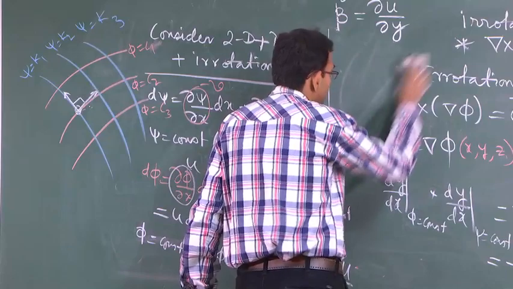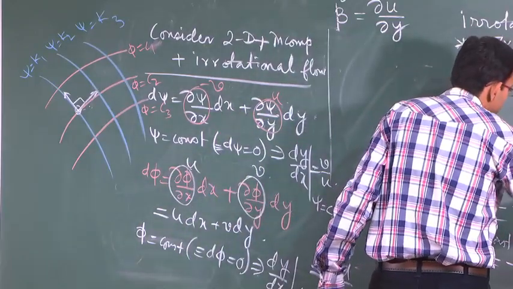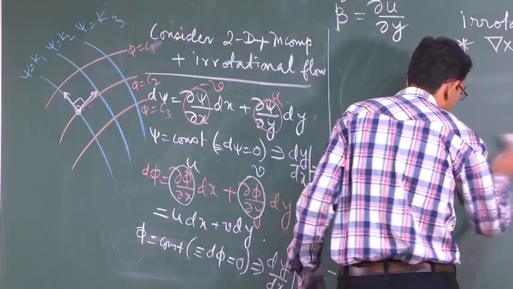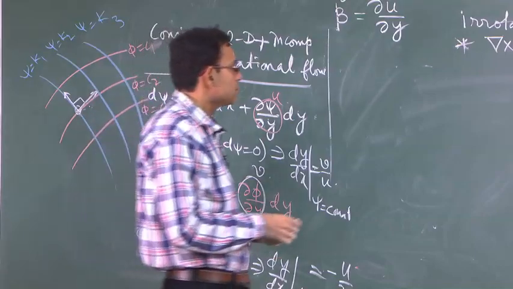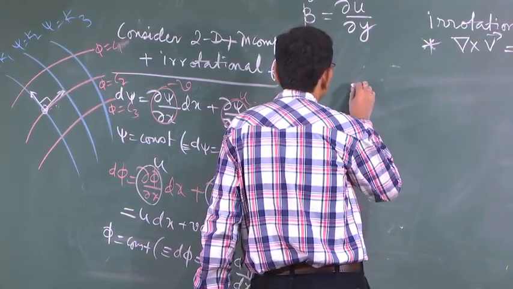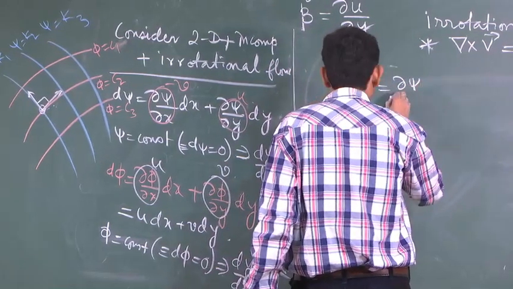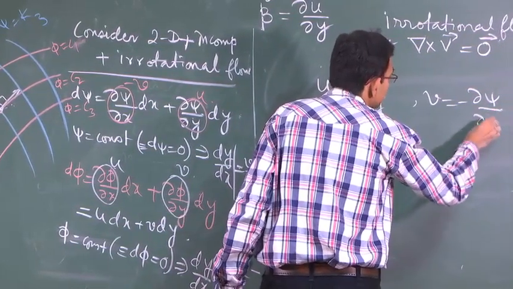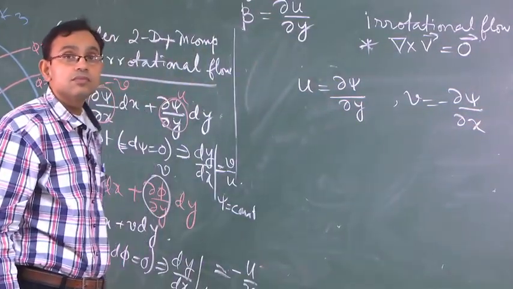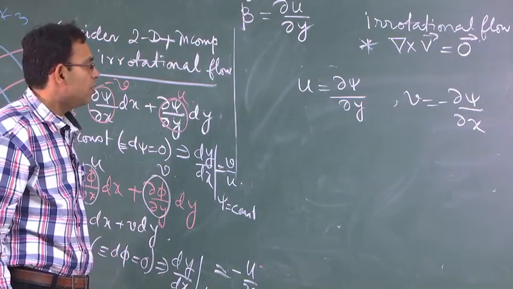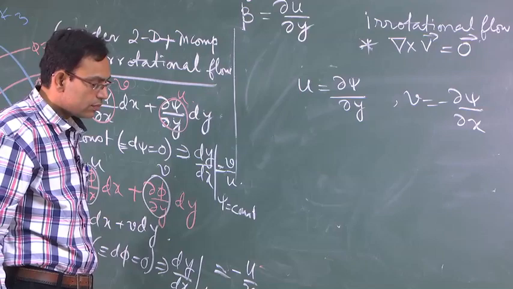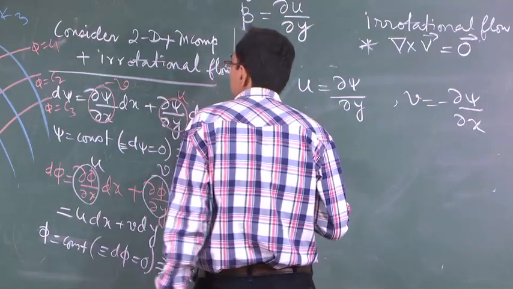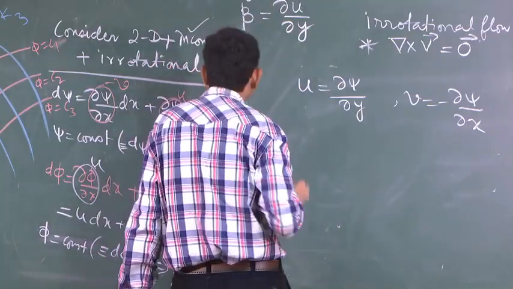The other point about this phi and psi is, let us consider the definition of psi. So, u is equal to del psi del y and v is equal to minus del psi del x. Now, if you recall, we have considered two dimensional incompressible and irrotational flow in this example.